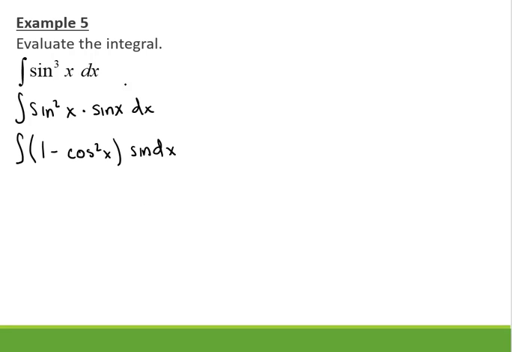Now this is technically a composition. This is technically 1 minus cosine squared. So for this, pick your u to be the cosine of x, because the derivative of cosine is the sine of x, and that's hanging out right here.